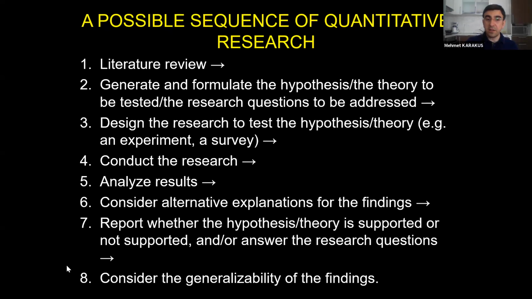We should try to randomize the sample, and we should try to reach a high number of people, if these are people, in order to generalize our findings. Otherwise, we cannot generalize. If the sample is not representing the population, we cannot generalize our findings. And this is among the most common problems in quantitative research.